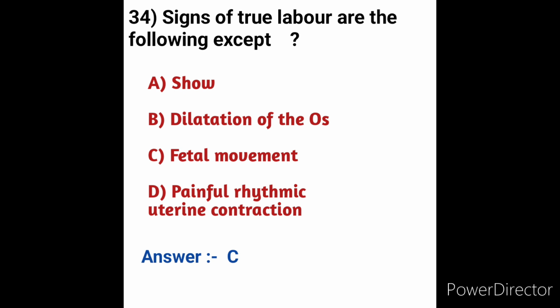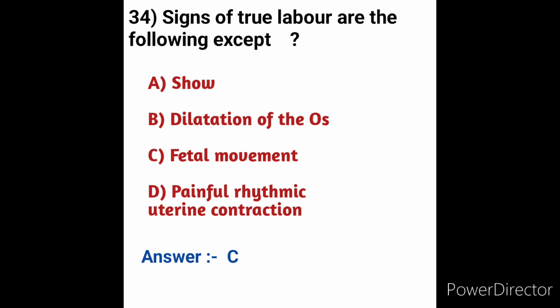In signs of true labor, regular contractions are present, the patient will feel pain, and there is increasing vaginal discharge, meaning show. Option A, show, meaning vaginal discharge, is called show. But here, signs of true labor except means option C, fetal movement.